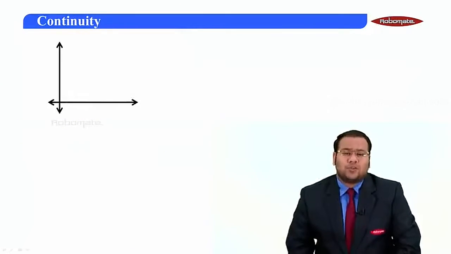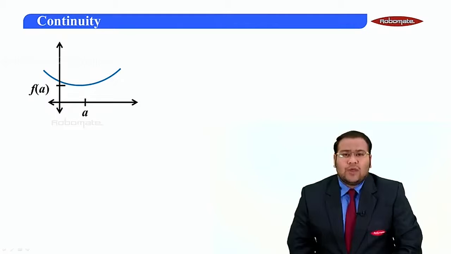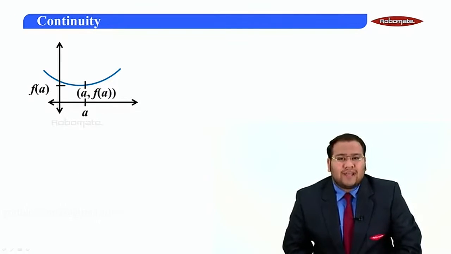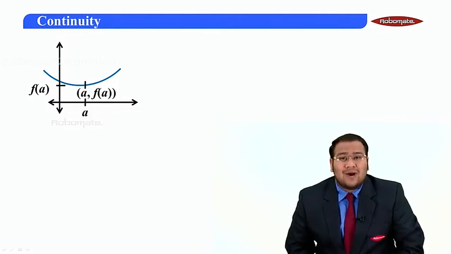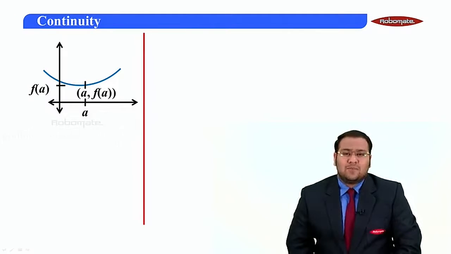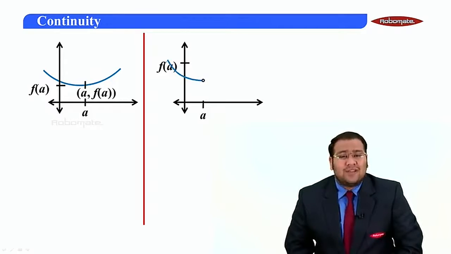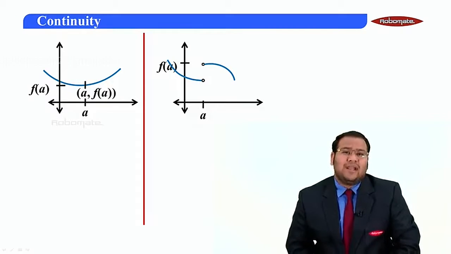Now let's go into the concept. If you have a and f of a, you can observe that it is a curve, and it is a continuous curve. Its coordinates are (a, f of a), and you can draw that complete curve without picking up your pen or pencil. Now let's have another example. Here you have a and f of a again, but at point a your curve stops, and from that same point a, the y coordinate changes.